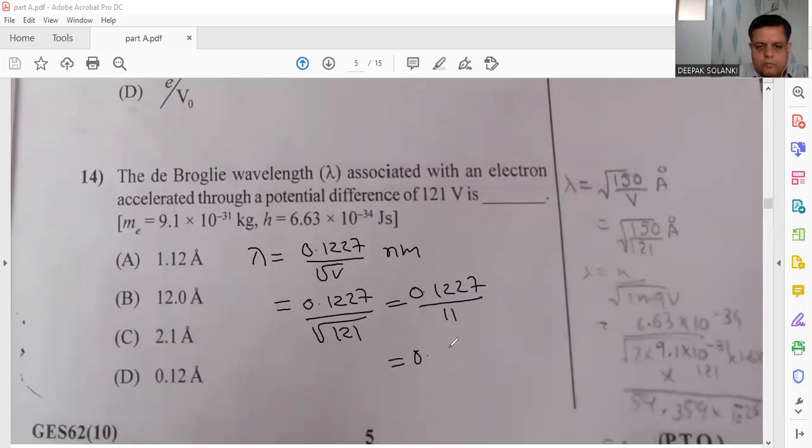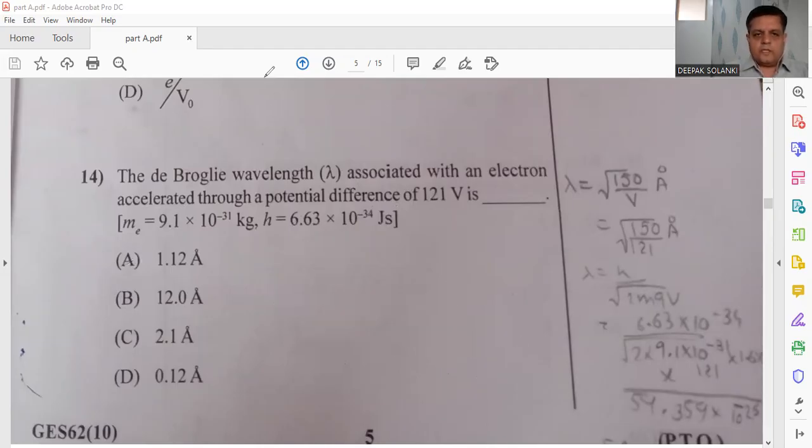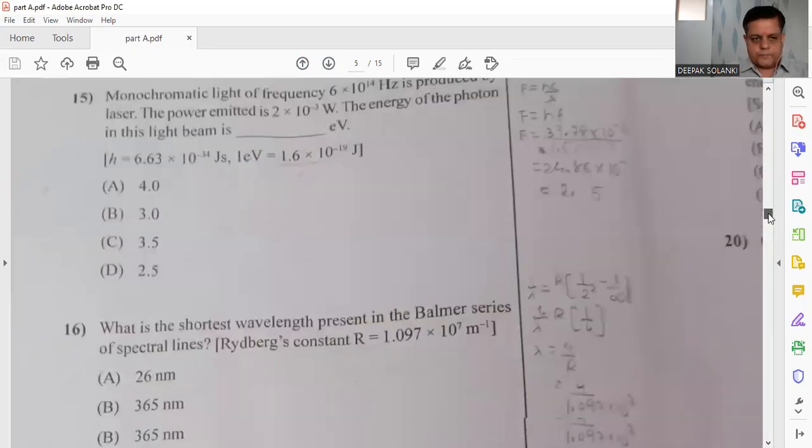So you will get almost 0.112 nanometer, so it is 1.12 angstrom. This is your answer. I think it is a very straightforward question, so there should be no problem for any student.